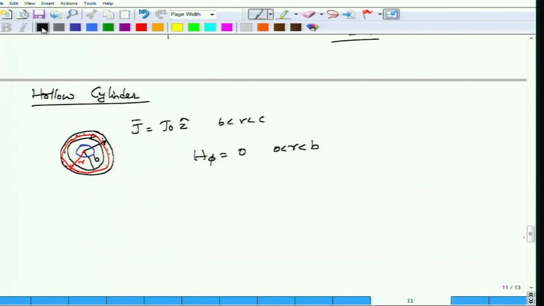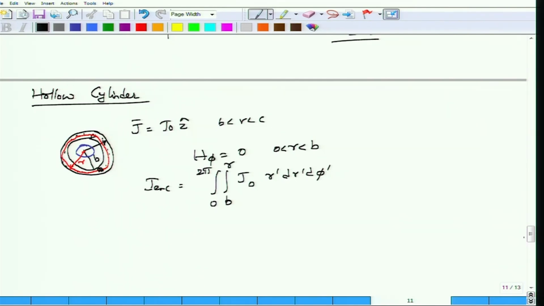To find the current enclosed you need to find the integral of J. The surface element will again be r prime dr prime d phi prime. Over that surface J is constant, given by J0, and the appropriate integration limits are 0 to 2 pi for phi and b to r for r.